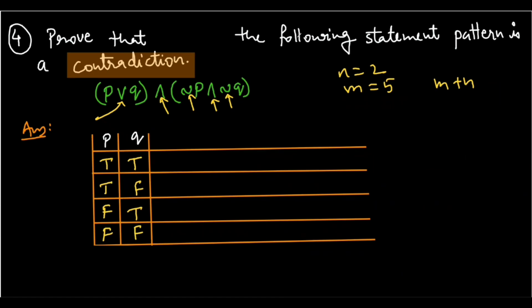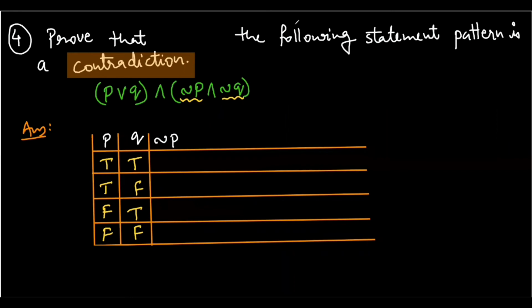For writing the columns, I have already told you we will first go for the negations, and then we will also take care of the parentheses. At the same time, we will move from extreme left to right. So P and Q are done. Do I have negation P and negation Q? Yes. So I will write negation of P in one column, then negation of Q in one column.